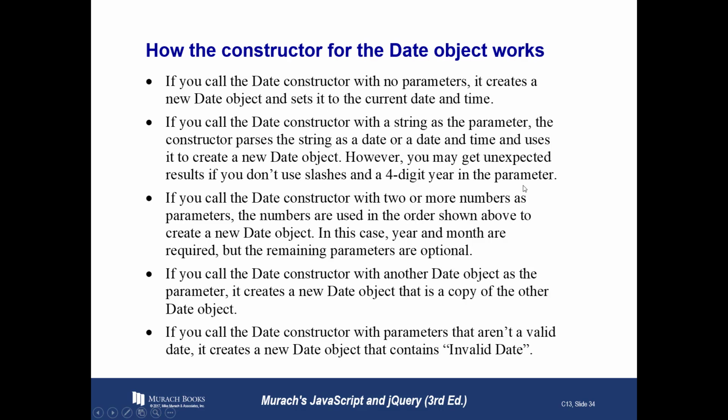All right. So they give you some rules here. If you call the date constructor with no parameters, it gives you a new date object set to the current date and time. If you call it with a string as a parameter, the constructor parses the string as a date or a date and a time. If you call the date constructor with two or more numbers as parameters, they're passed in the order shown.